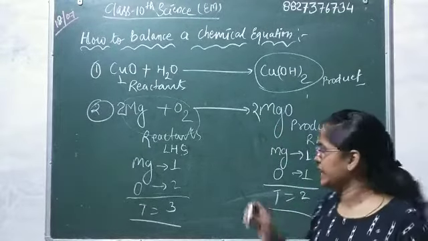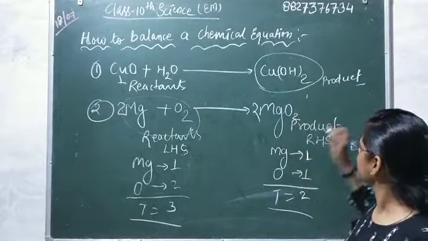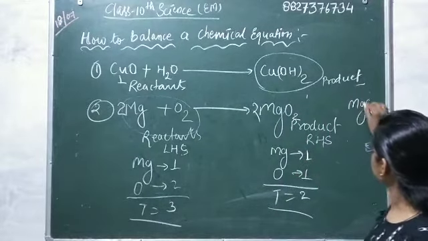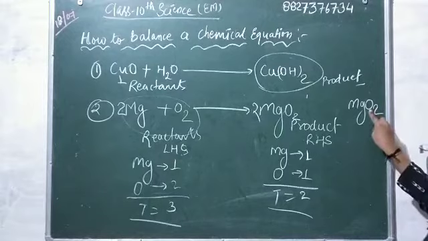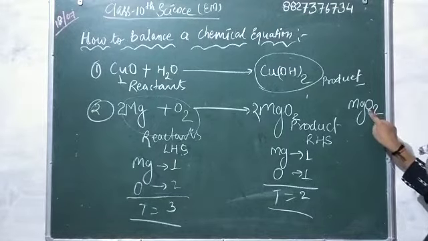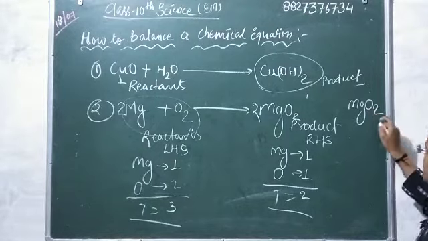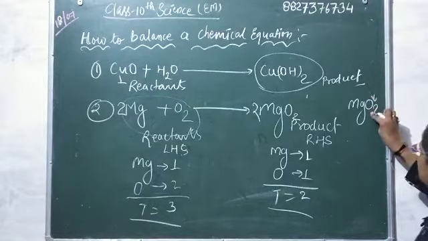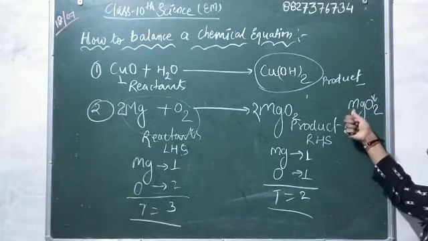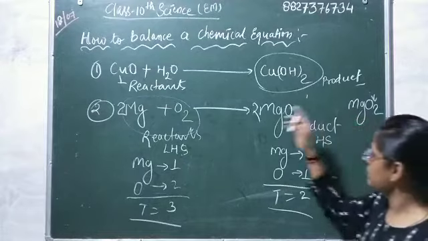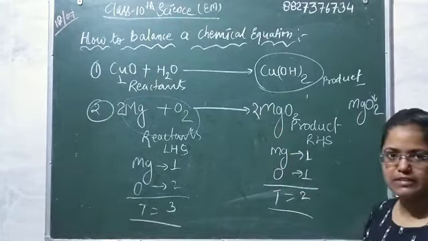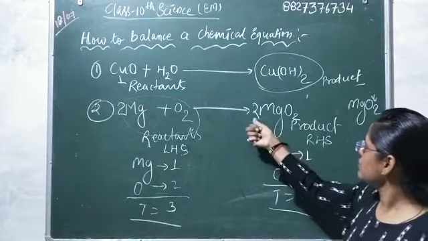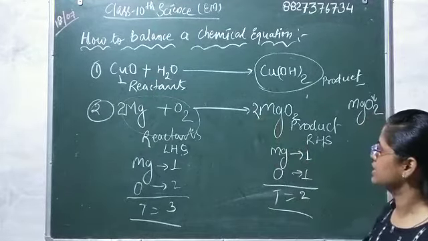We can't write 2 after magnesium oxide, because when we write 2 after oxygen, it means the number of oxygen is 2, not the number of magnesium, right? So we have to write 2 before magnesium oxide, right? So here, 2 molecules of magnesium oxide.